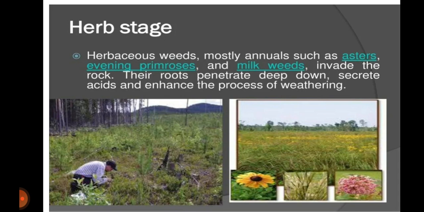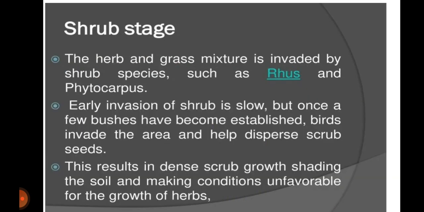These in turn are replaced by shrubs. So when the habitat changes, another stage is occupied. That stage is called the shrub stage. Due to much accumulation of soil, the habitat becomes suitable for shrubs, which start migrating into the area.